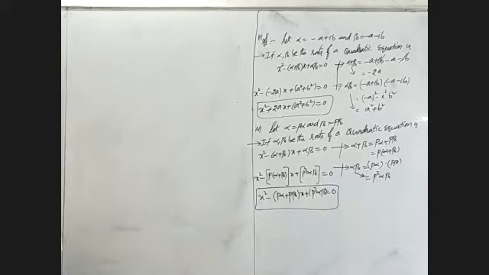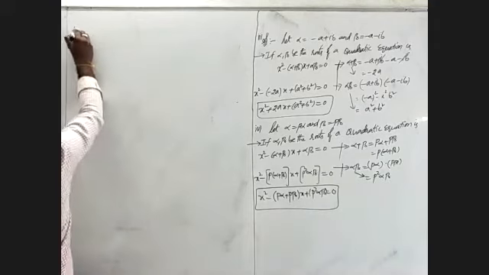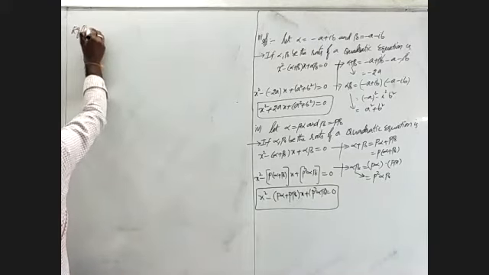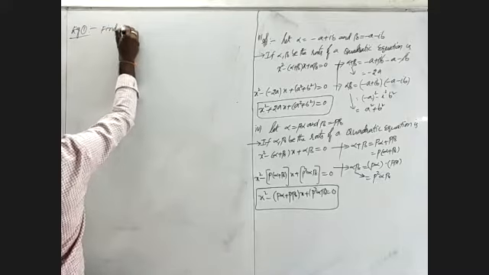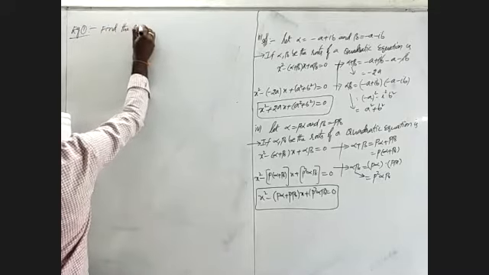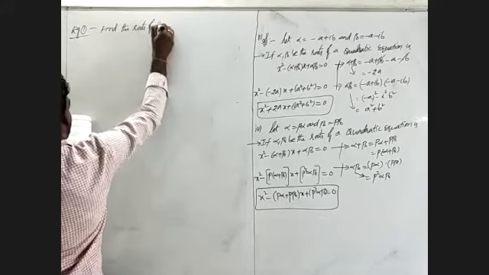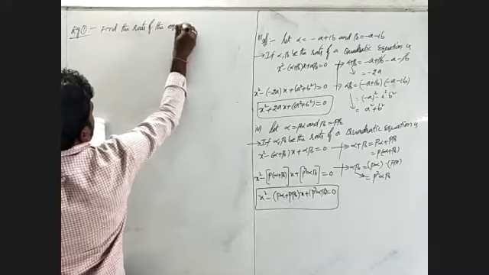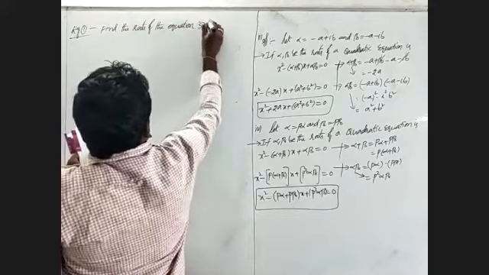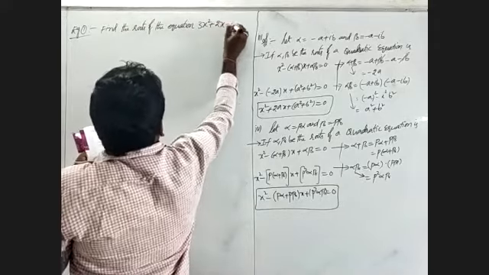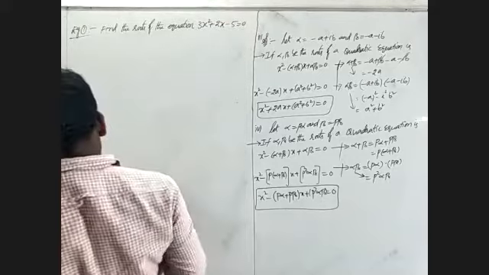Now I am going to the next one, that is example 1. Find the roots of the equation 3x square plus 2x minus 5 equal to 0.